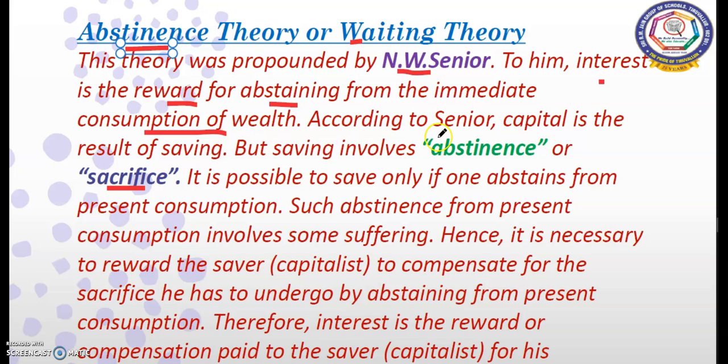According to him, capital is the result of saving. If a person saves, he will get the capital, but saving involves abstinence. So, if a person is going to save, definitely he is going to sacrifice something.